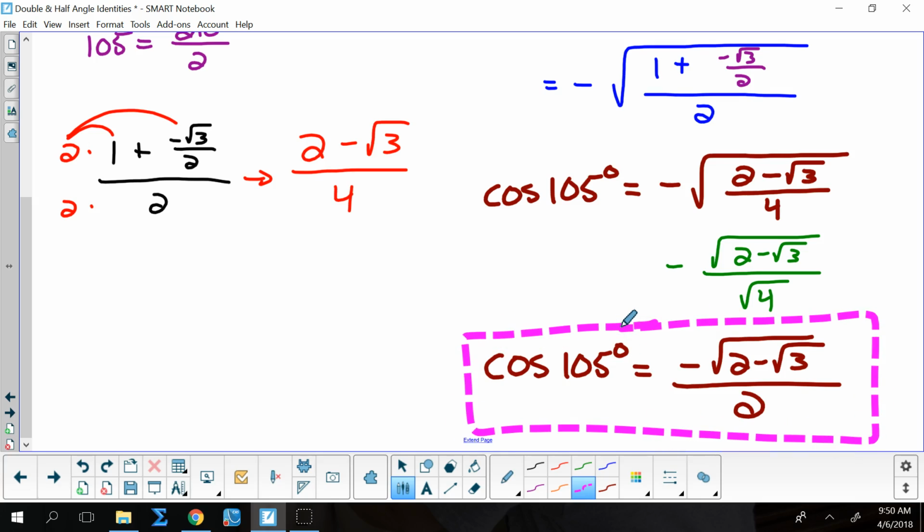Radicals inside of radicals. Good times. Okay? Questions on that?